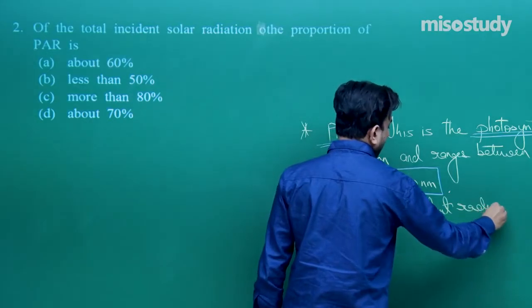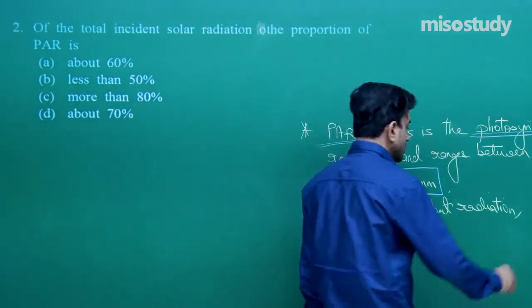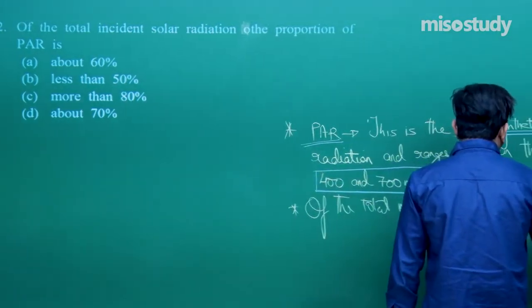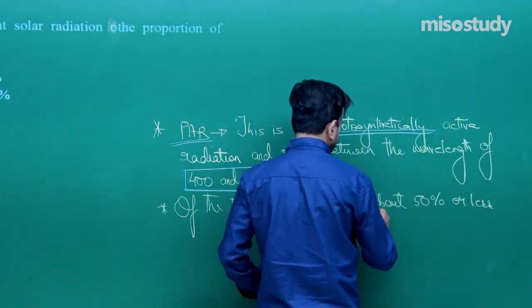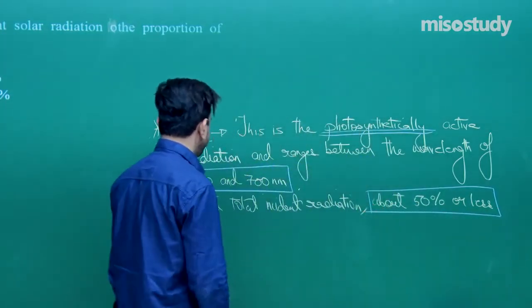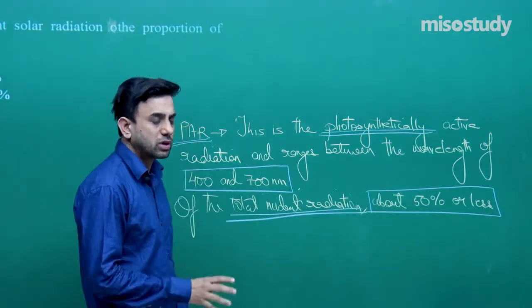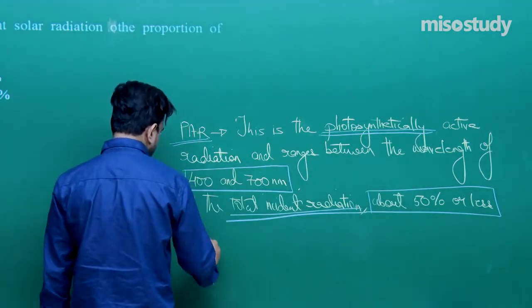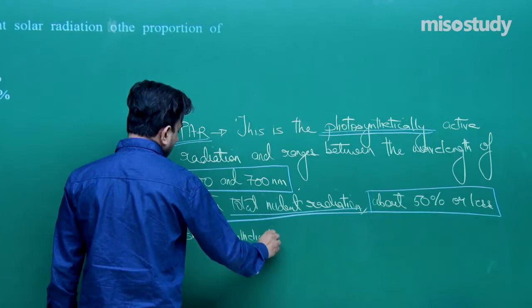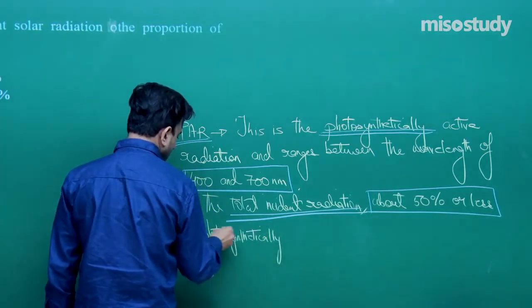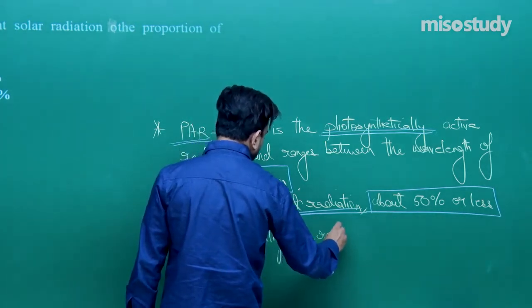So of the total incident radiation, about 50% or less is photosynthetically active radiation.